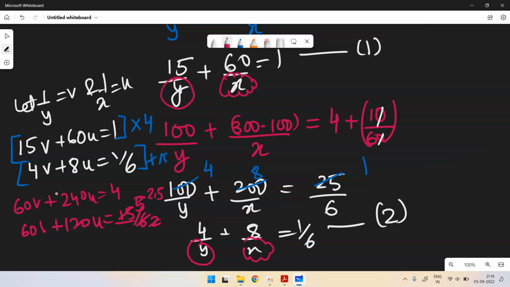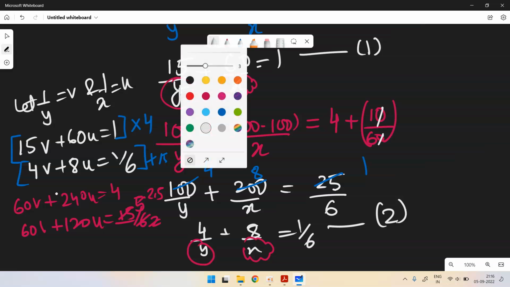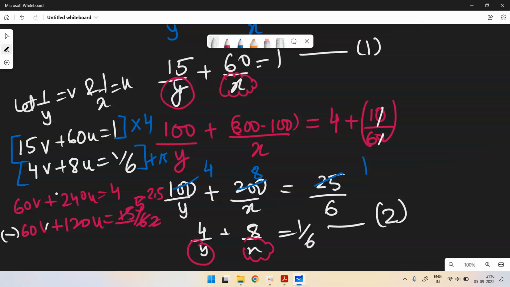If you subtract these two equations, 60v minus 60v gets cancelled, and 240 minus 120 is 120u equal to 4 minus 2.5, which is 1.5.